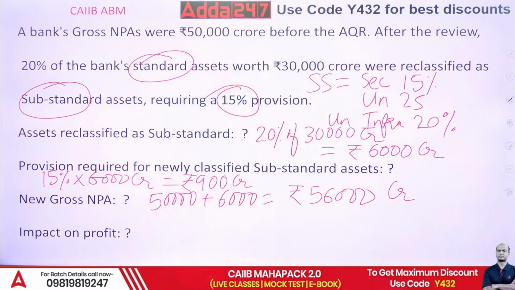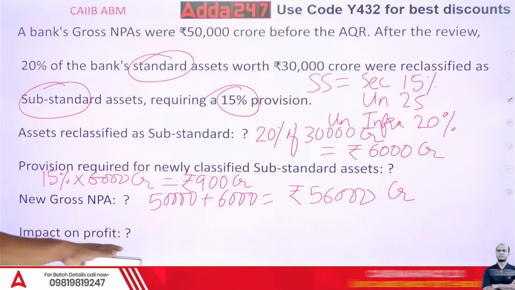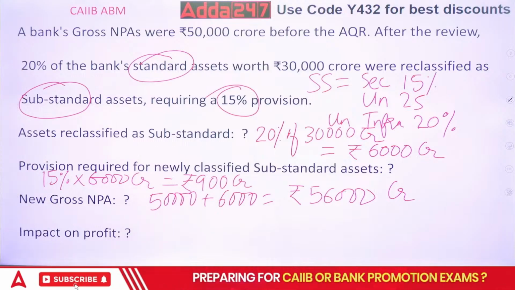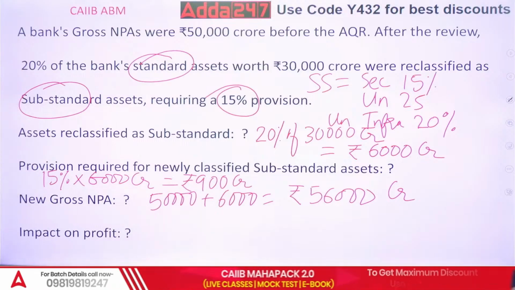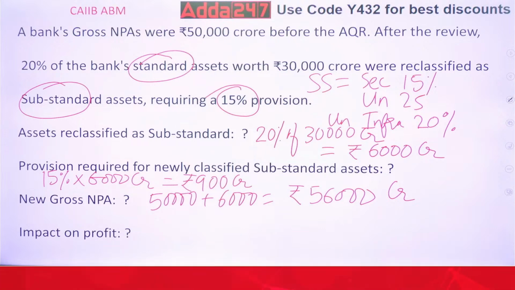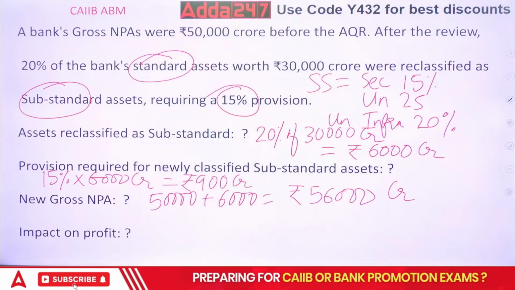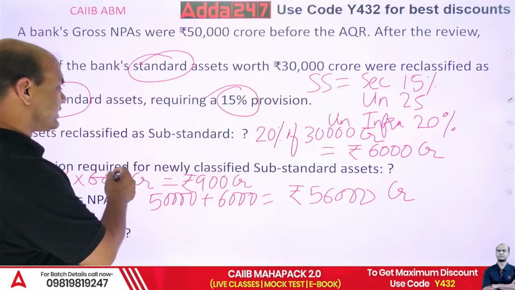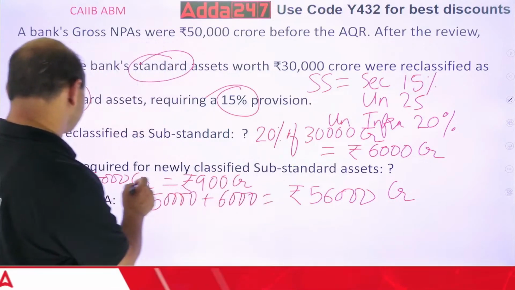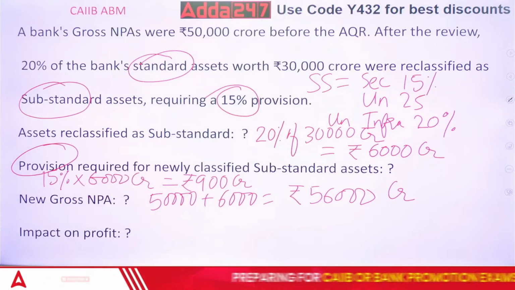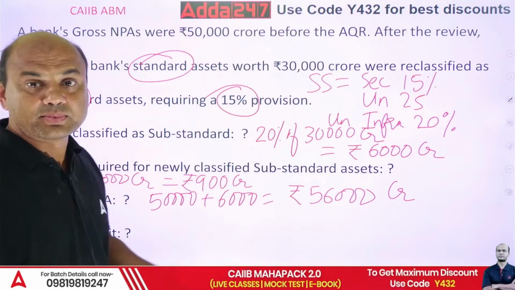What is the last question? Impact on profit. What will be the impact on profit? Now you will have to make this new provision. Understand this: whenever you are making a new provision, from where are you making it? This provision, 900 CR. Where is the money?